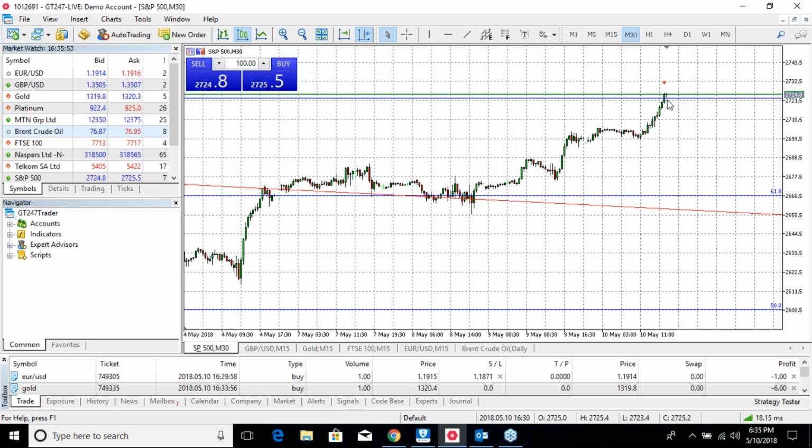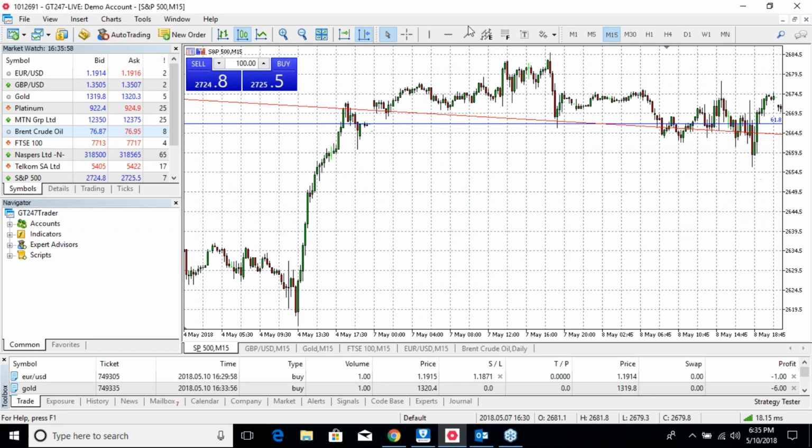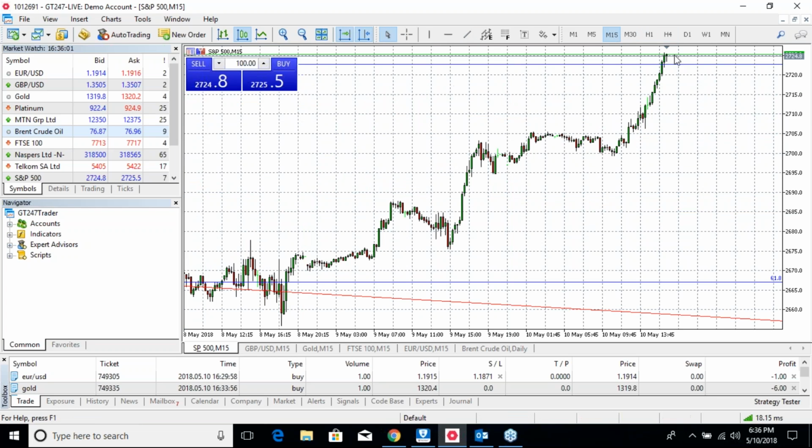Having a quick look there, it's broken above that Fibonacci line. And zooming in a bit more, yes, it has confirmed it's above it, so we're also going to buy one here. Now I'll answer your questions as soon as I place this trade.